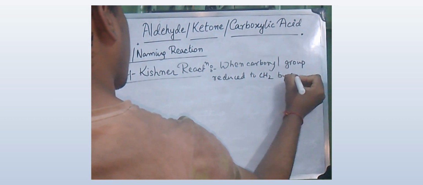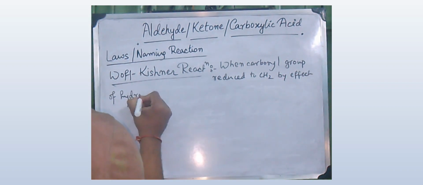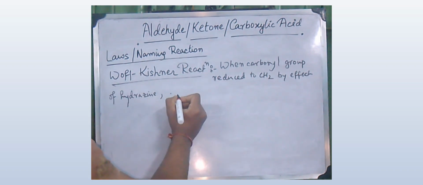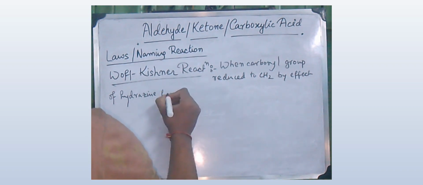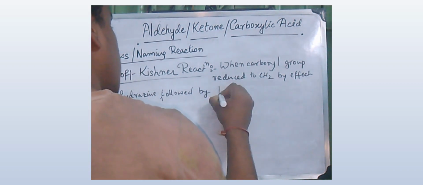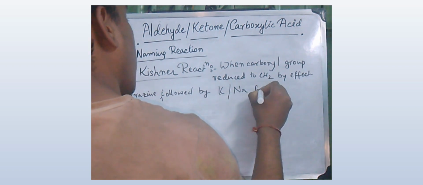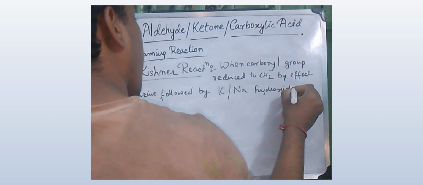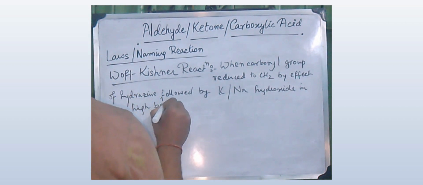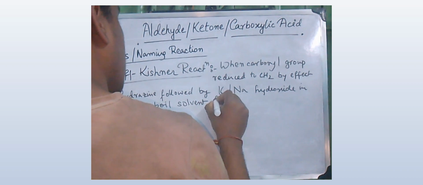Here it is also converted into CH2 group, but it is different from Clemmensen because it is treated with hydrazine followed by heating with potassium or sodium hydroxide, that is NaOH or KOH, in a high boiling solvent such as ethylene glycol.